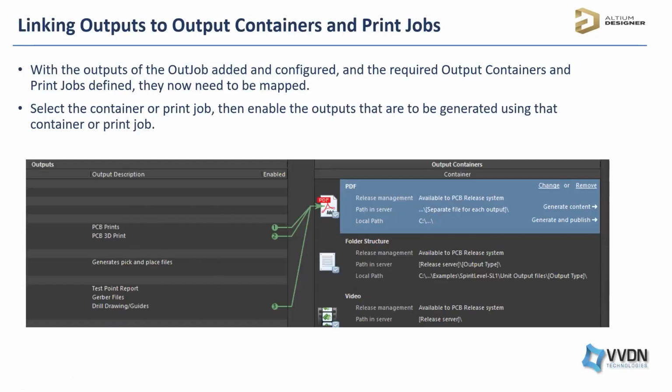Under output containers you can see the PDF option, folder structure, and video. If you want to create a PDF, then you map it as PDF. If it's something like a Gerber file, we can make it a folder structure, and for 3D video we can select video. So like that we have to map and configure.